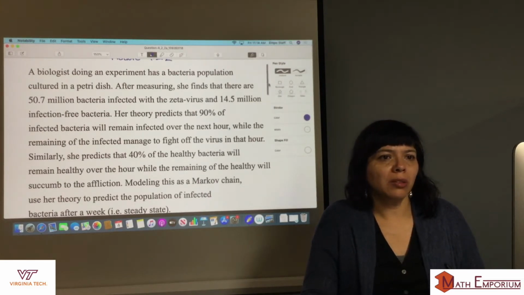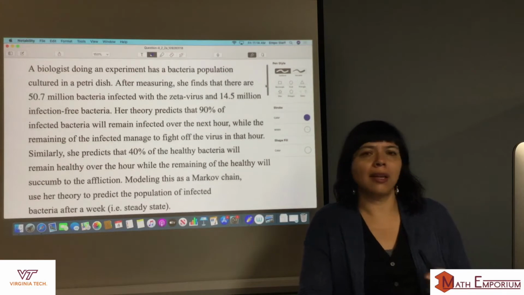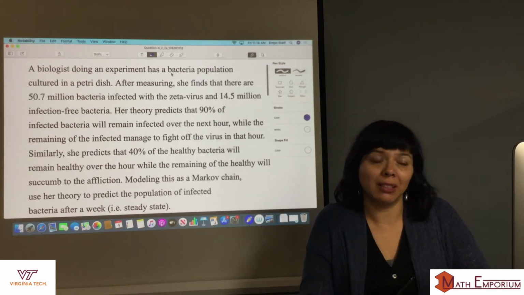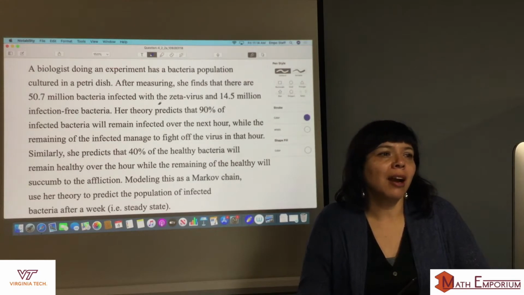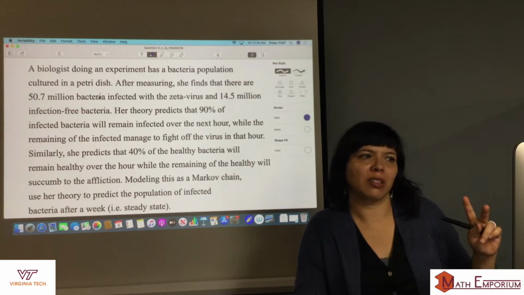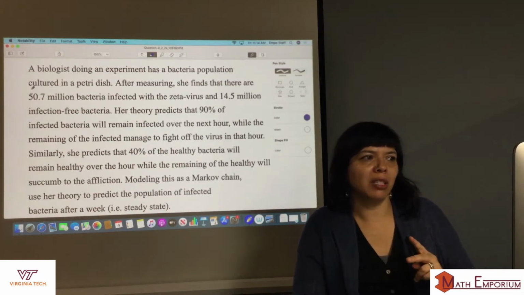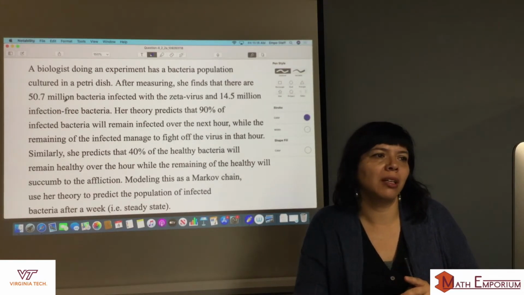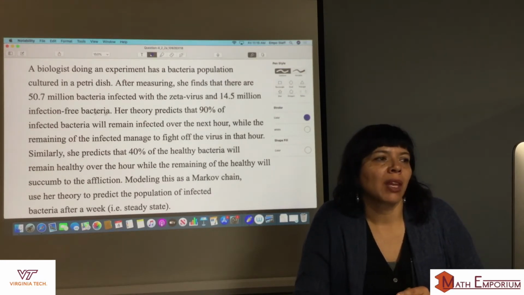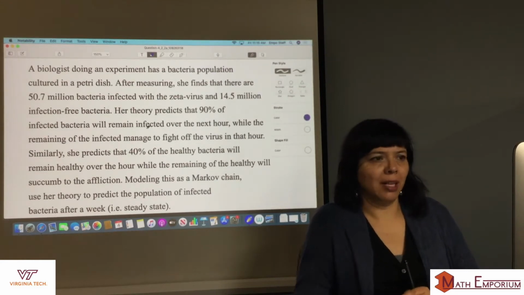So what we do is we start with a biologist that is doing an experiment with bacterial population. There are infected population and non-infected or infection-free. And the population is 50.7 of infected bacteria versus 14.5 infection-free bacteria, and our units are in million of bacteria.